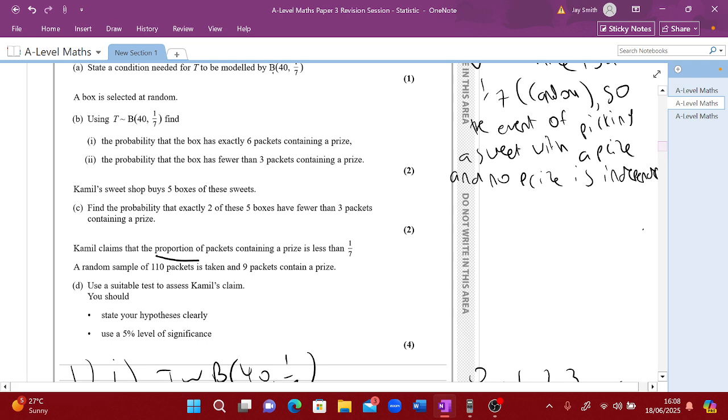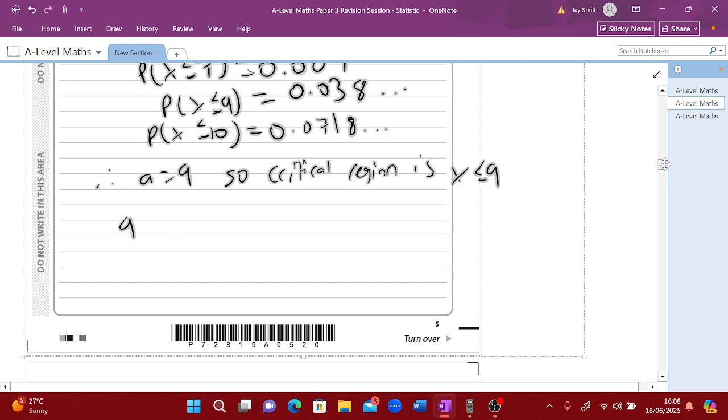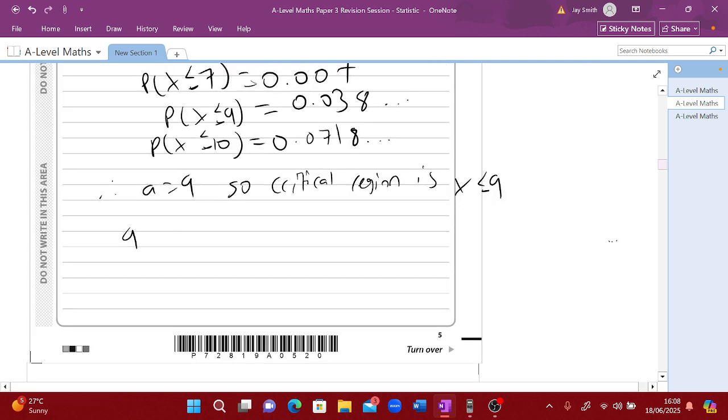Let's have a look. So we have 9 packets. Well, that's bang on the critical region. So 9 equals 9, it lies in the critical region. Lies on the boundary, actually. So 9 lies in the critical region.